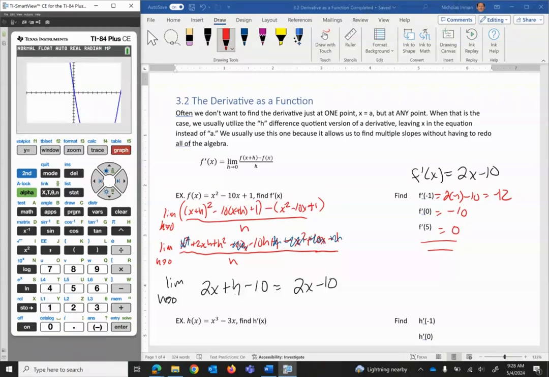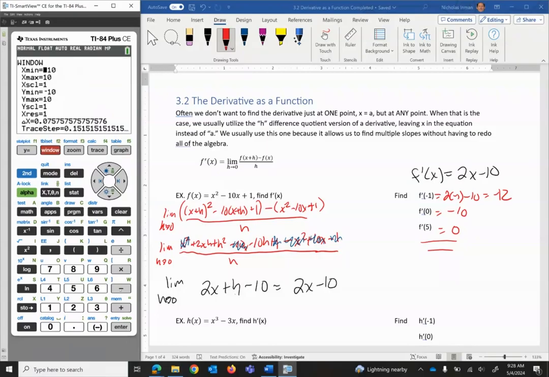And just kind of have an idea. So at -1, about here, would you agree that we have a very strong negative slope? Yeah, absolutely. At 0, a very steep negative slope. Yep, absolutely. At 5, I guess we'll have to change our window.